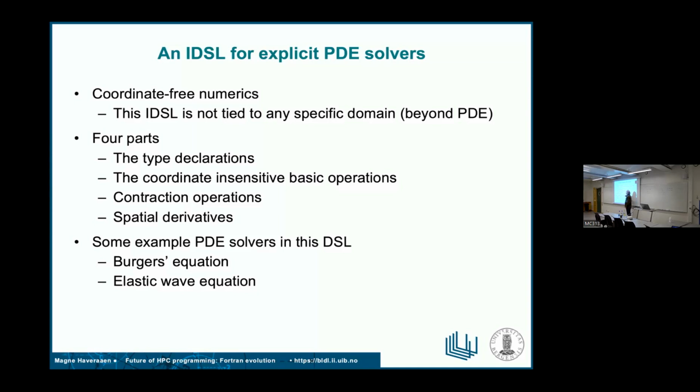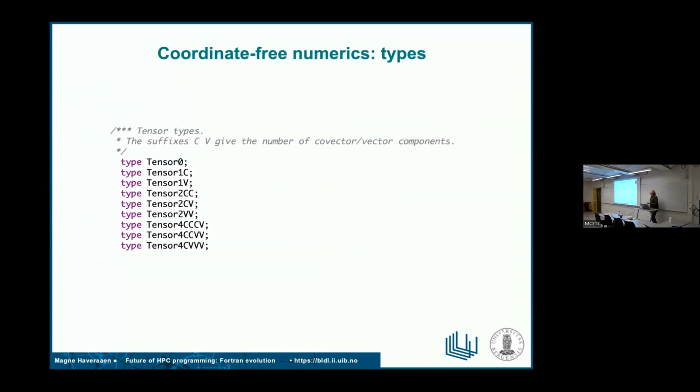So basically, we want to define a DSL or a declaration of requirements that allows us to talk about PDEs. We've been focusing on explicit PDEs, but we also did some work on implicit solvers. And this is not in Fortran, even though it's not very far away.